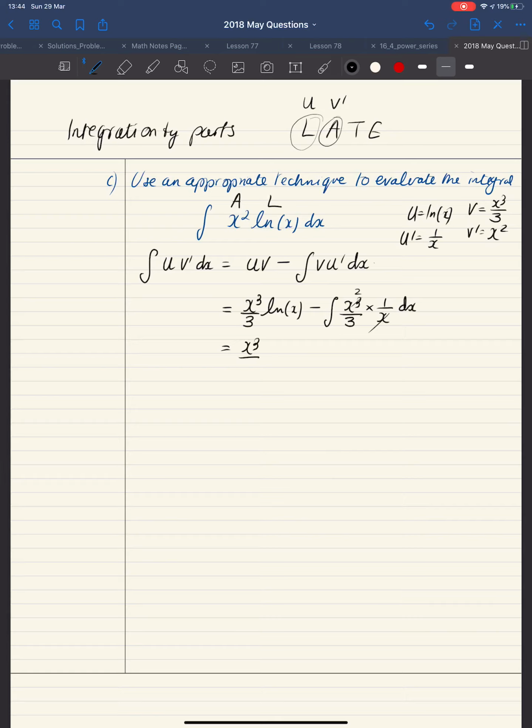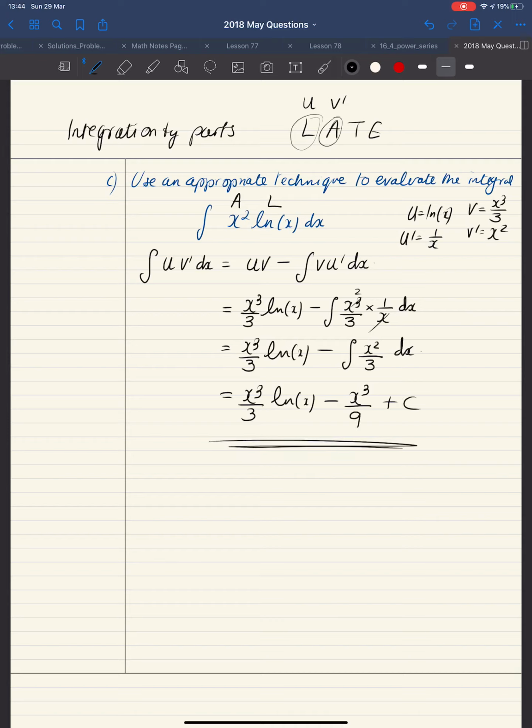So it's x cubed over 3 ln x minus the integral of x squared over 3 dx. So it's x cubed over 3 ln x minus, add 1 to the power, divide by the new power, which is 3, but with a 3 that's there already, it becomes 3 times 3, which is 9, plus c.